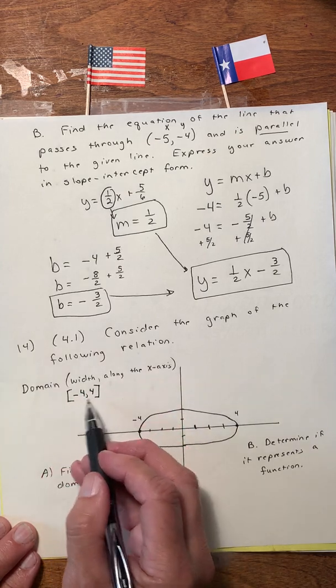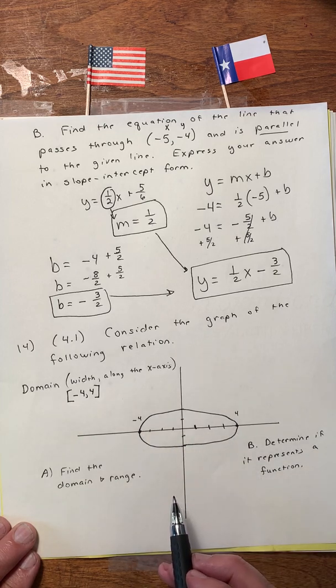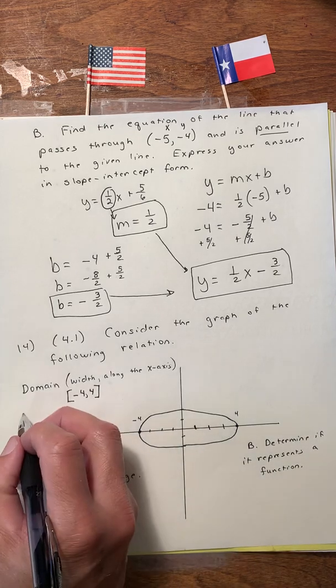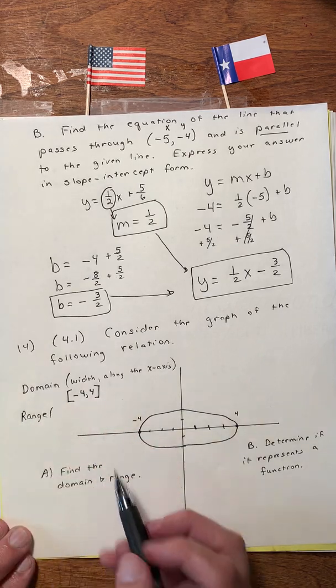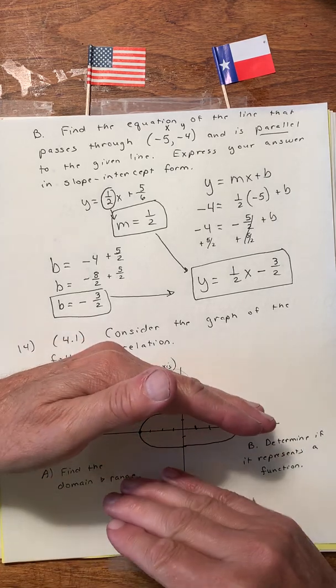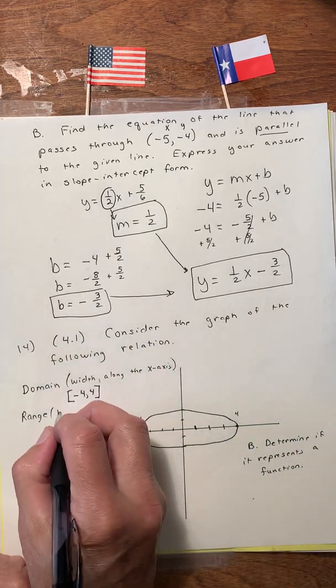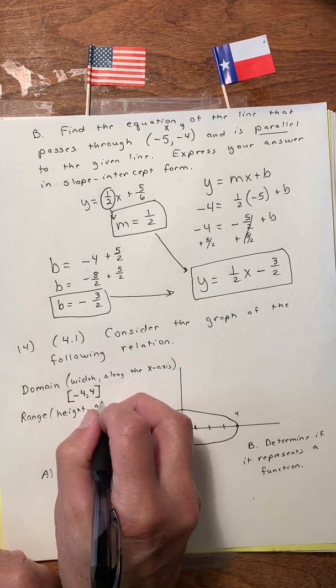And my brackets show that there are points at -4 and 4 also. All right, the range of a graph. If the domain is the width of the thing, the range is the height of the thing. And that is along the y-axis.